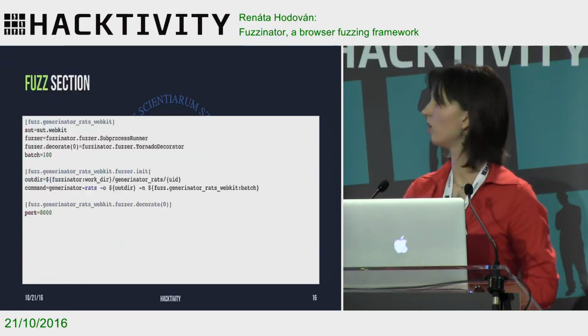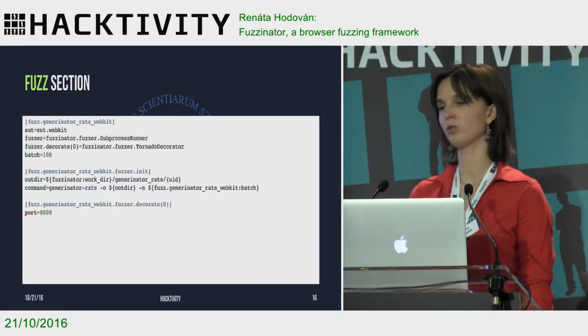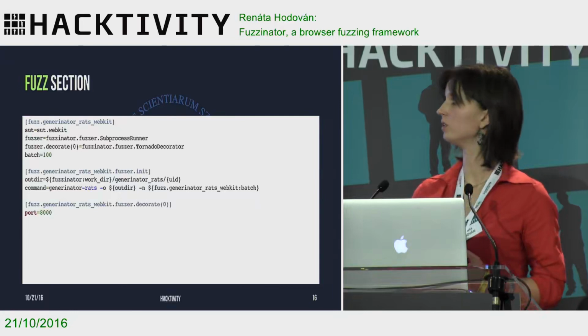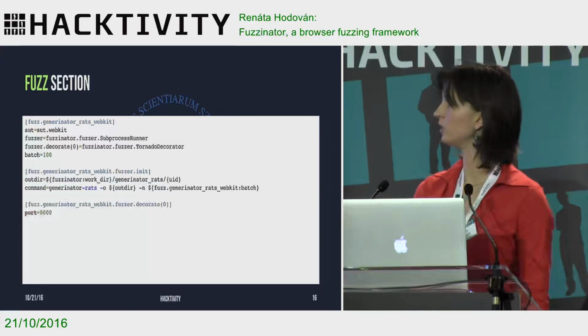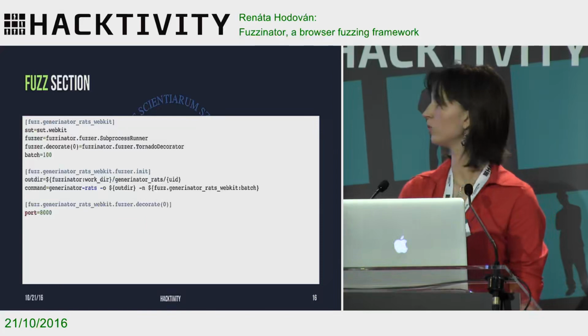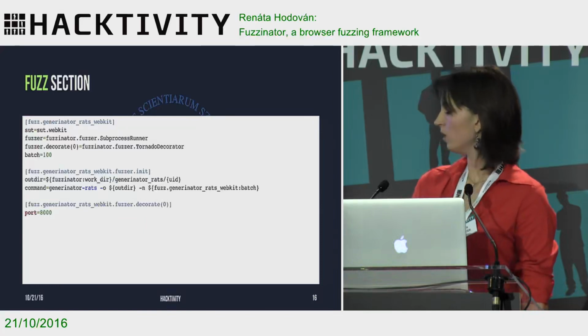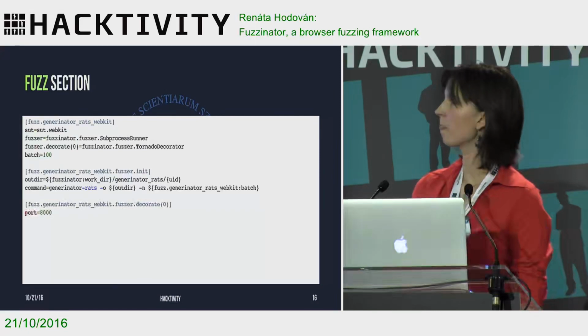Now let's see how a fuzz section looks. As I mentioned, the fuzz section is responsible for binding the should application with the test generator itself. And the test generator here will be the generator that we saw in the previous slide. So a fuzz section must start with the fuzz prefix and must contain at least one should and one fuzzer field.